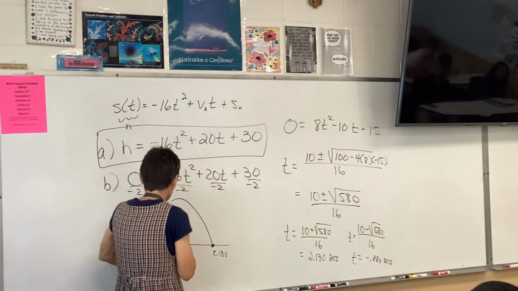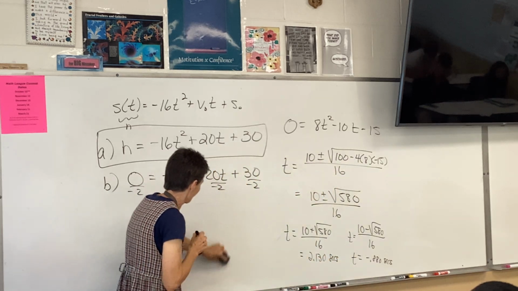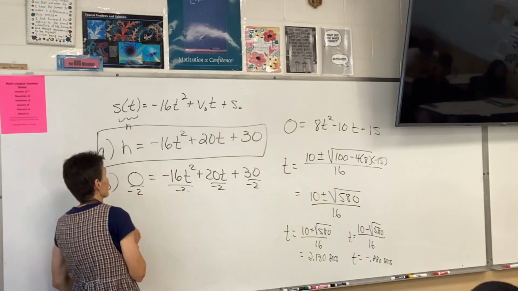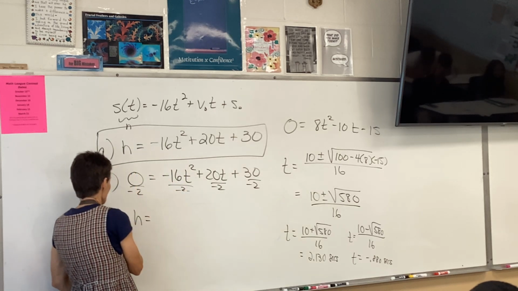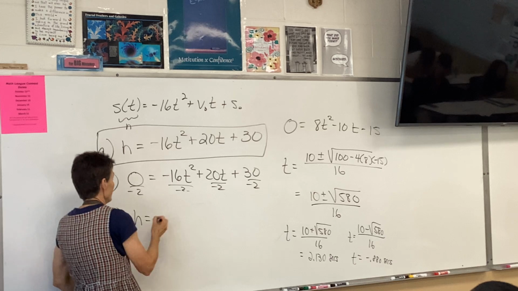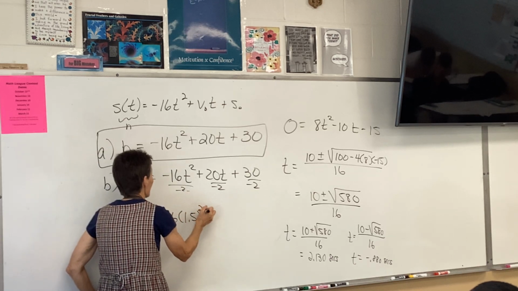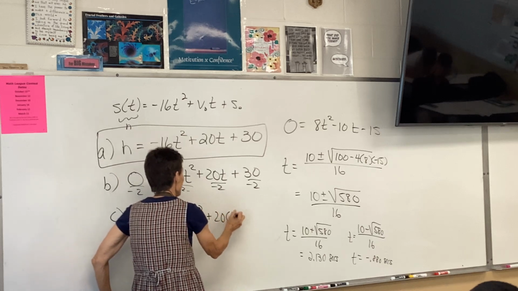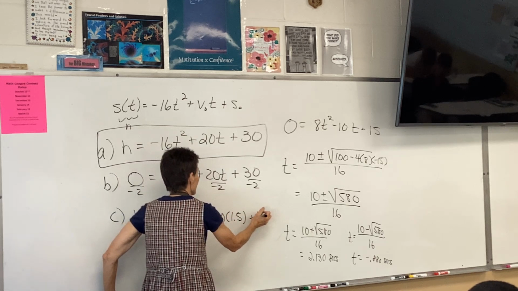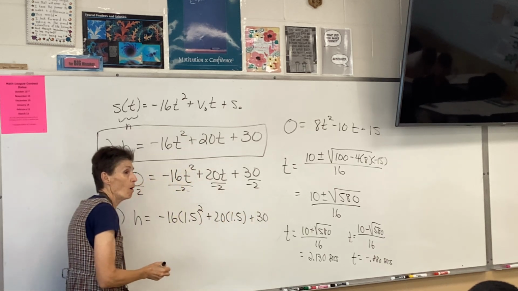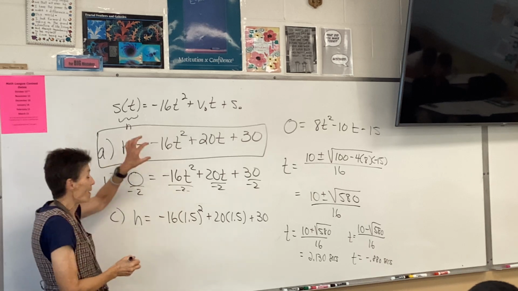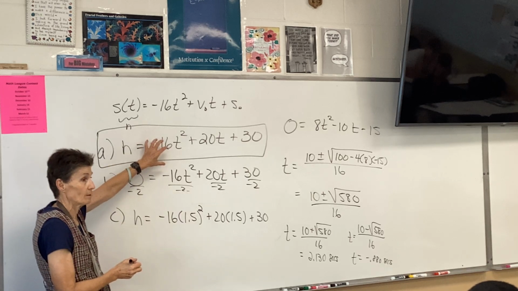What are you going to do? Plug in 1.5 for t. Exactly. So C is going to be h equals negative 16 times 1.5 squared plus 20 times 1.5 plus 30. Always, always, always go back to your original equation.